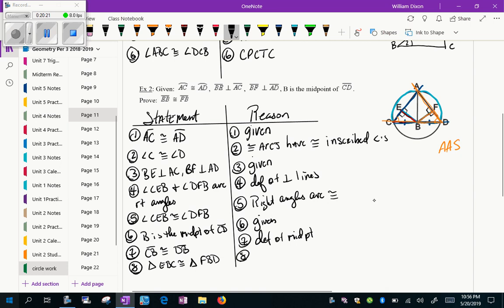And the reason is angle, angle, side. And then 9, EB is congruent to FB. And the reason is CPCTC.